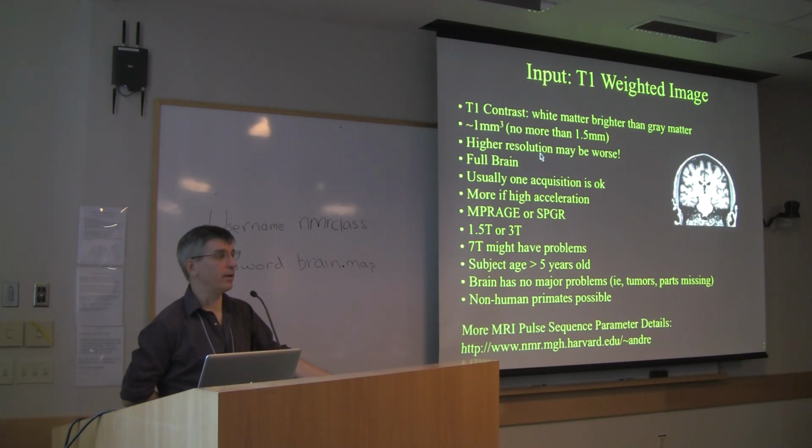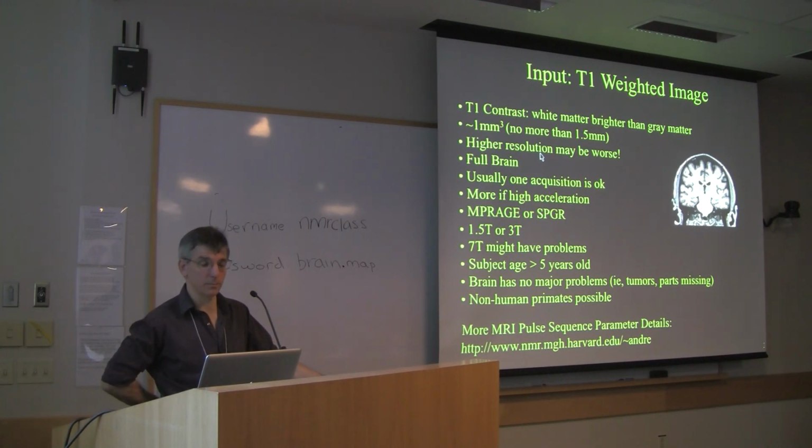So the brain has no major problems to it. If somebody's had brain surgery, you have lobes that are removed, you can run it on FreeSurfer, but in the areas where the lobe has been removed, it's probably going to create problems, as will things like tumors.